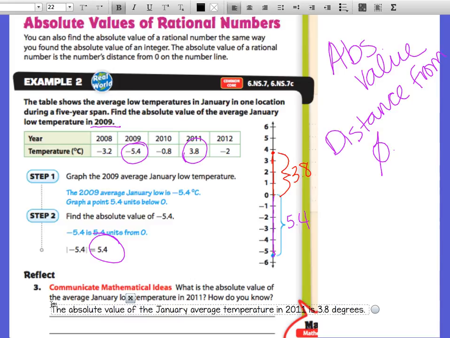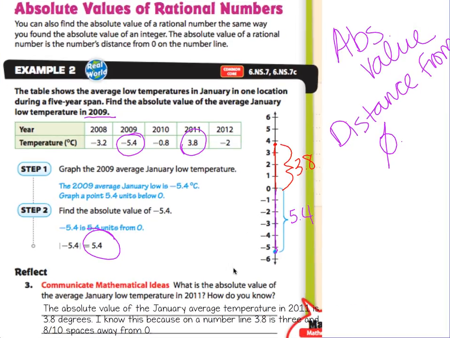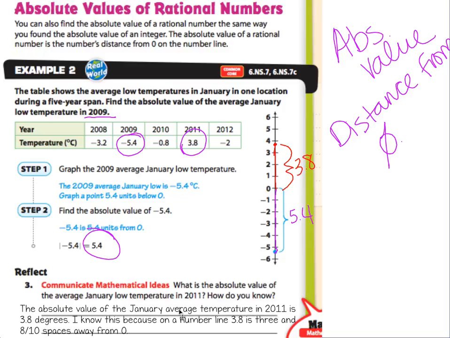And I know this because on a number line, 3 8/10 is 3 8/10 spaces away from 0. And I also know that since it's a non-negative number, since it's a positive number, the absolute value is going to be the number itself. So when it's a number that's being plotted that's above 0 or has a value more than 0, that absolute value is always going to be the number itself.